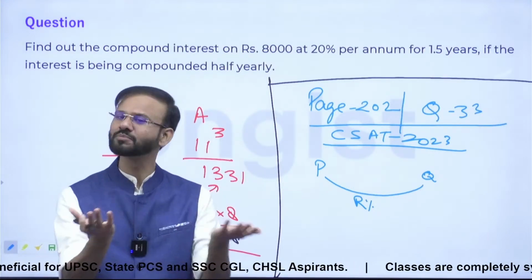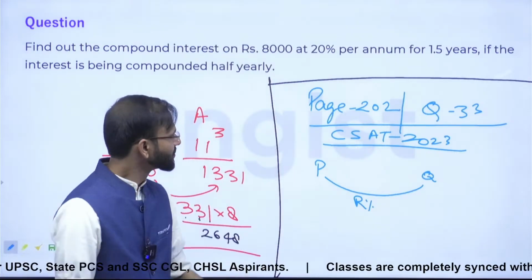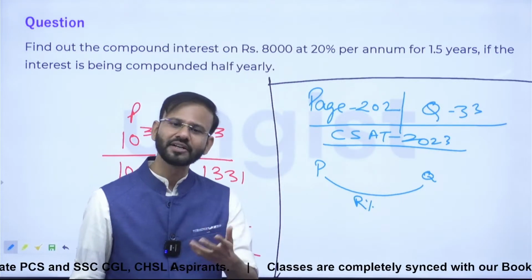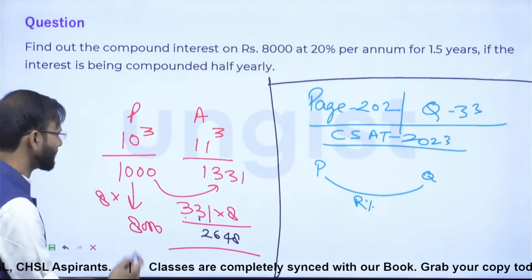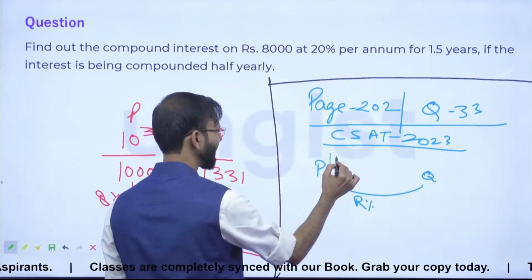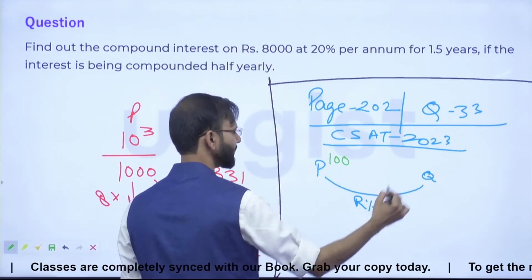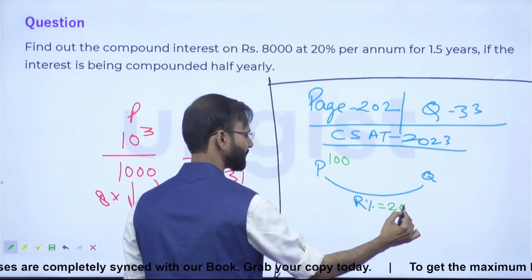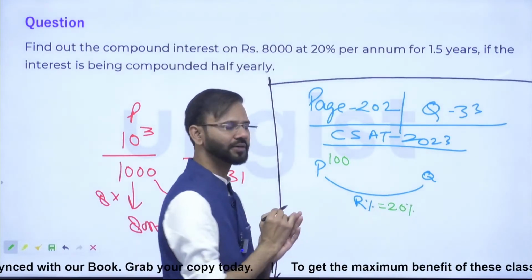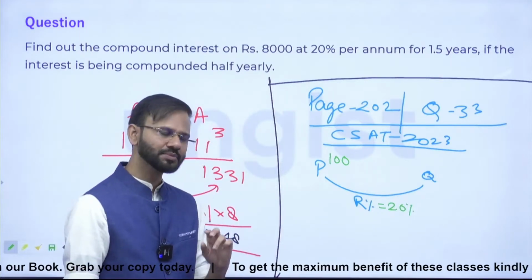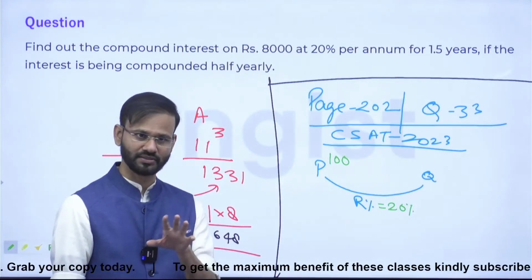You also talk in terms of numbers. So just assume some convenient value. If I assume P as, let's say, 100, I have deposited 100 rupees in the bank at the rate of, let's say, 20% per annum, and compounding is being done half yearly in the first case.